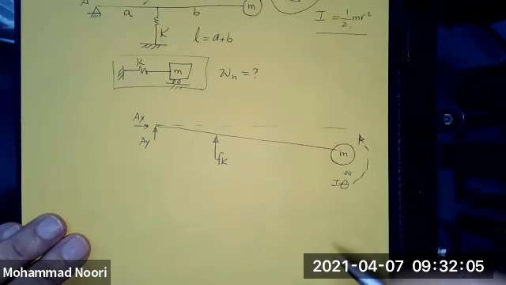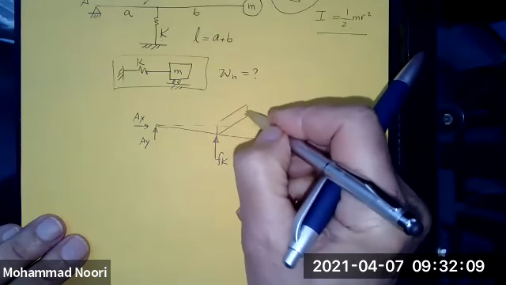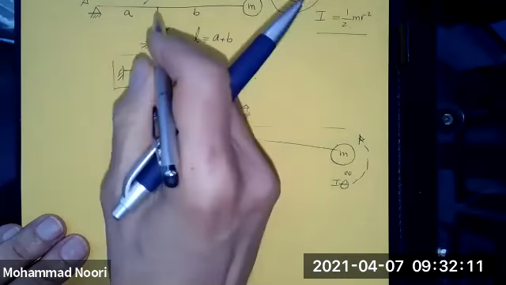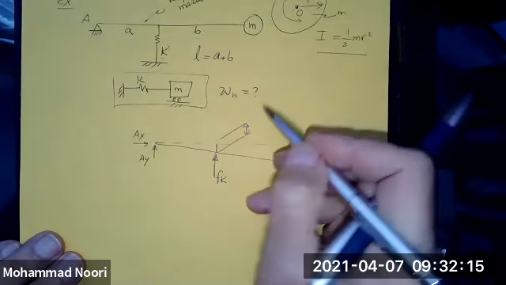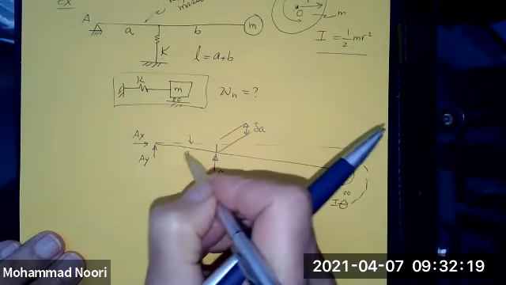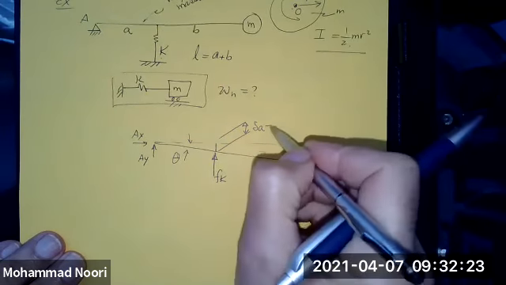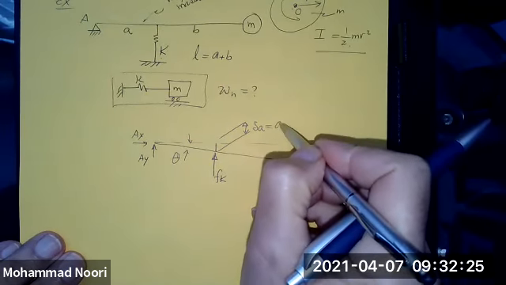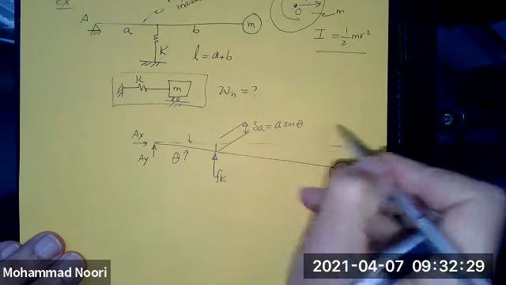You just need a few pieces of information here. The displacement that this spring is going to experience, I call that delta A. If this angle of rotation is theta, this would be a times sine theta.